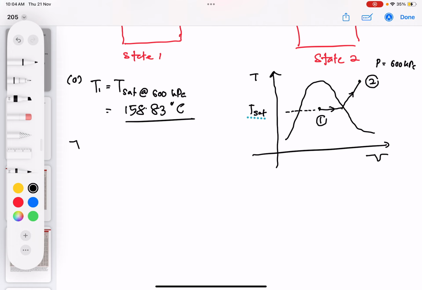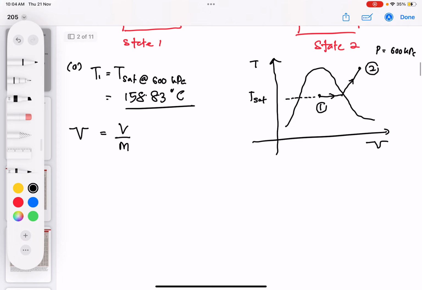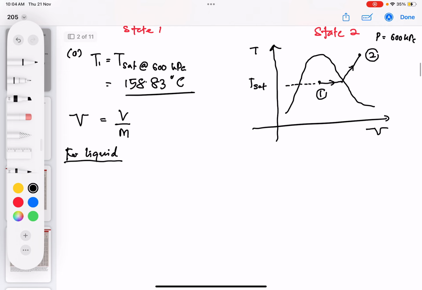I do know that specific volume equals volume divided by mass. For the liquid, the mass of the liquid is going to be the volume of the liquid divided by the specific volume of the liquid.